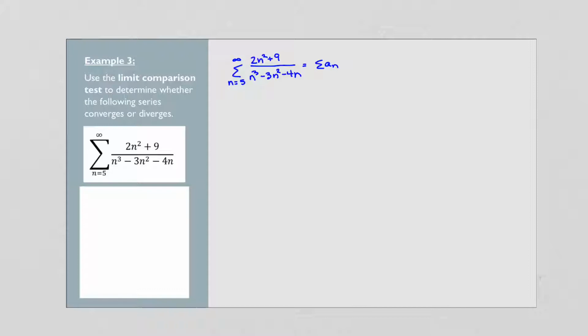One key thing I want you to look at is how we are going to determine that the limit comparison test is actually a good test for us to use on this type of series. Well, often when you have a polynomial divided by a polynomial, those are series that are candidates for the limit comparison test.